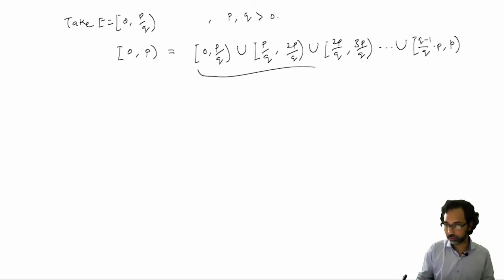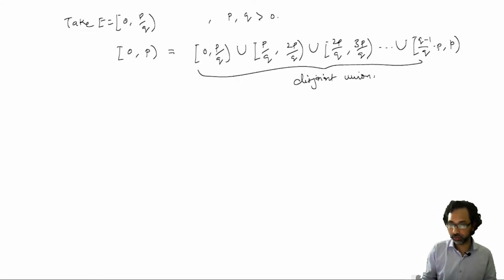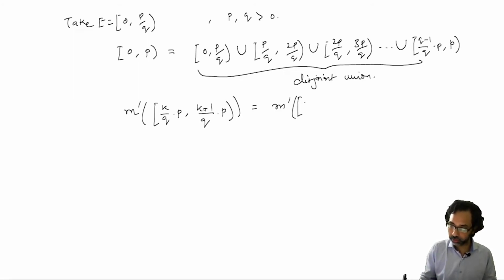So this is now a disjoint union, and again we will use the same trick to write m prime of [k/q times p, (k+1)/q times p). This is the same as m prime of [0, p/q) by translation invariance.